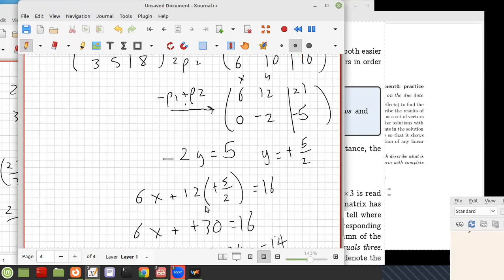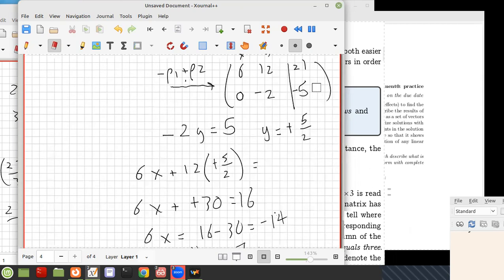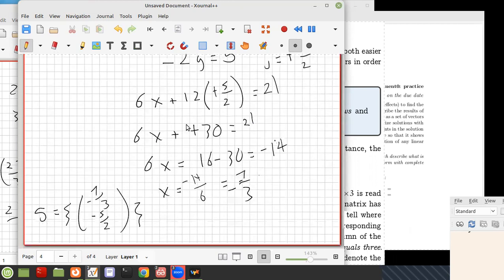So then you have 6x plus 12 times... Here's the error. Yeah, there's the error there. I was going so quickly, I used the 16 here, which should be 21, right?